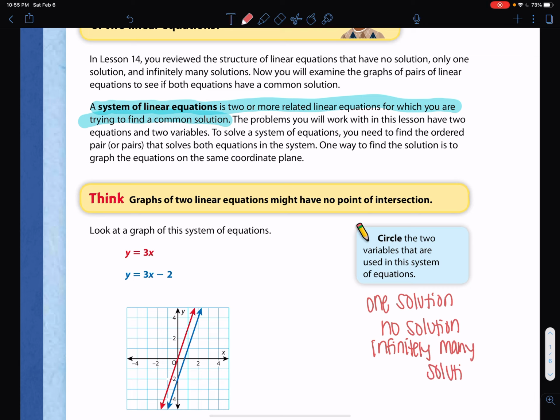So we want to mesh together what we learned in lesson 14 with lesson 15. In lesson 14, we identified some easy ways to categorize the different systems of equations. With one solution, we said that the variable terms will not match, meaning they have different coefficients.